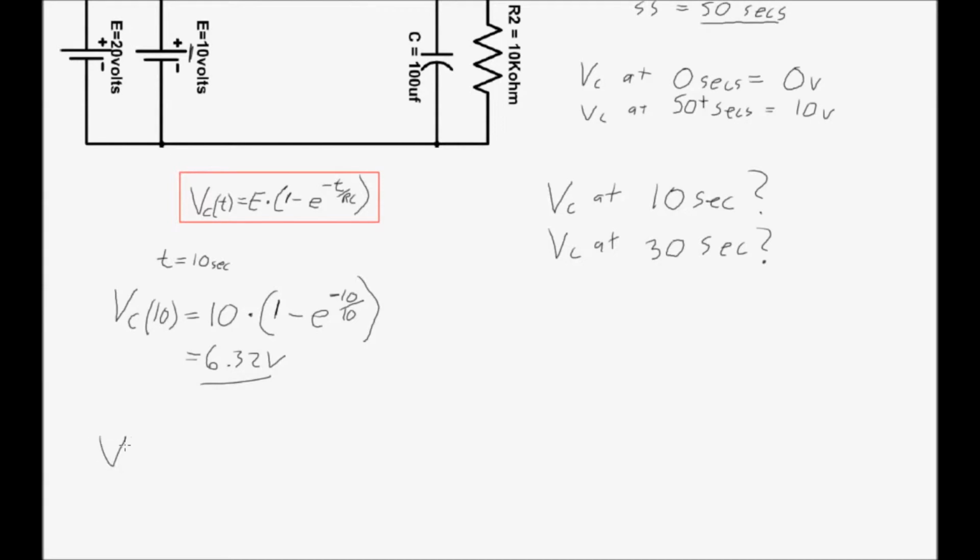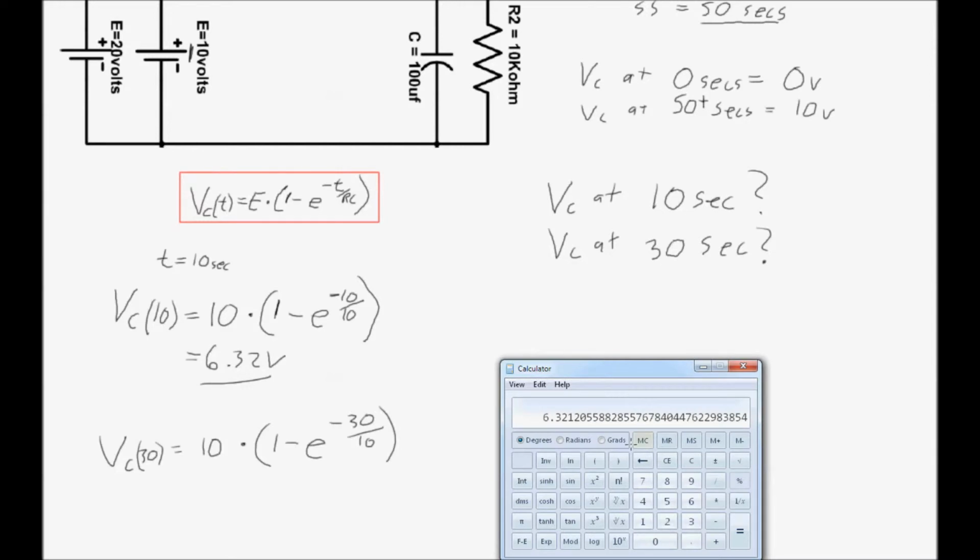So VC at 30 seconds equals 10 volts again, because that's the 10 volts from the power supply, E, times open bracket 1 minus e to the negative 30 seconds over RC. And RC is our time constant. It doesn't change when dealing with this equation. It's going to be 10 again.